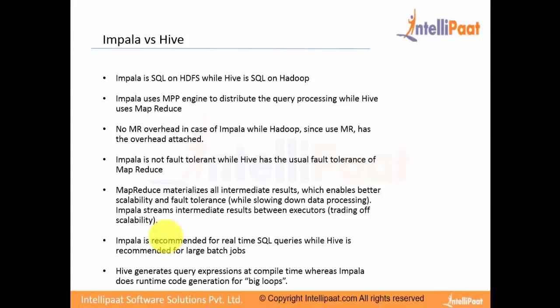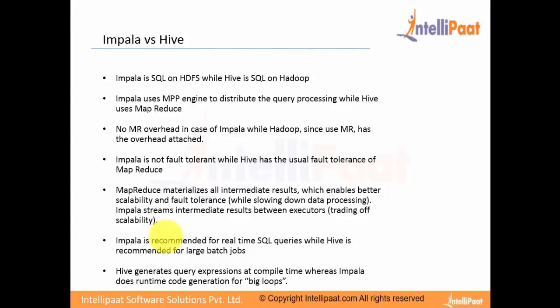Impala will not try to restart that particular node or reprocess that data somewhere else. Rather, the query will crash, or you can say the query will abort, and the user has to refire the query, hence leaving Impala with no fault tolerance at all. Hive, on the other hand, has the usual fault tolerance attached with MapReduce that we have discussed earlier.